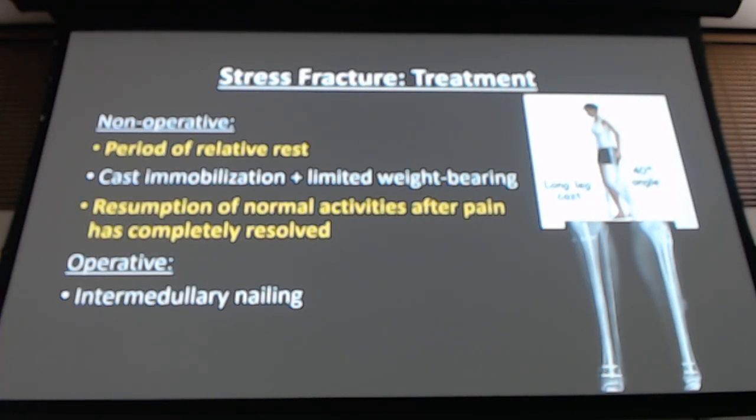Okay, stress fracture treatment. Again, not talking about tibial stress syndrome. Shin splints, yes; this is talking about stress fractures. I just told you, anytime you're suspecting stress fractures, you need to get the patient off that extremity.